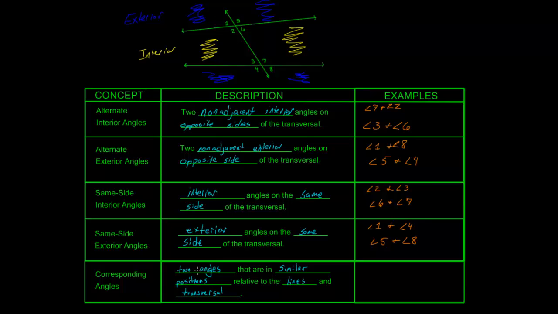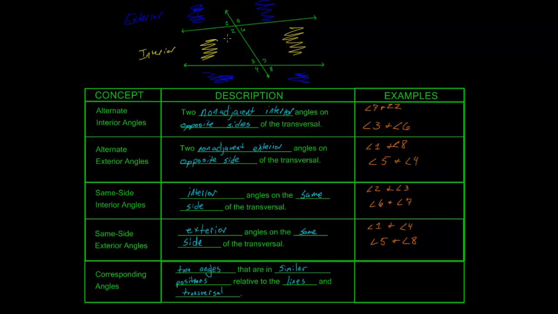So, corresponding angles are two angles that are in similar positions relative to the lines and transversal. These two being the lines, and this being the transversal. Remember, the transversal is the line that cuts the other two lines. So, let's look at some examples of such.